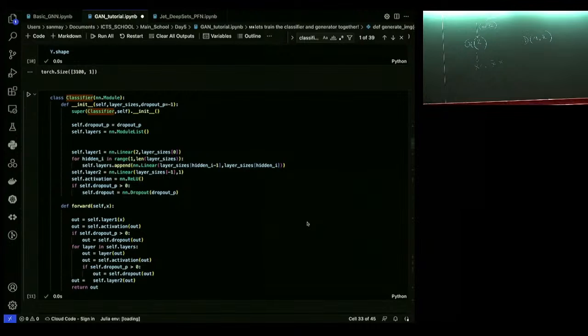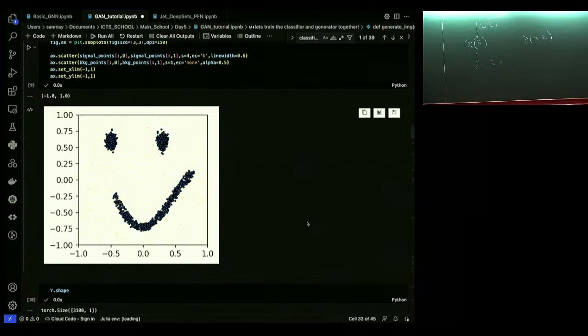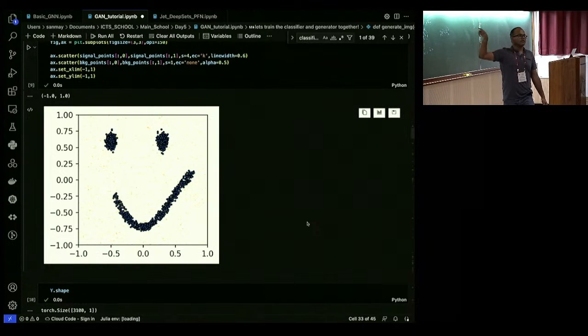Okay. So now the whole point is, think of the problem such that you have a network D where you feed this data and you tell it blue data is the right point, orange data is the wrong point.